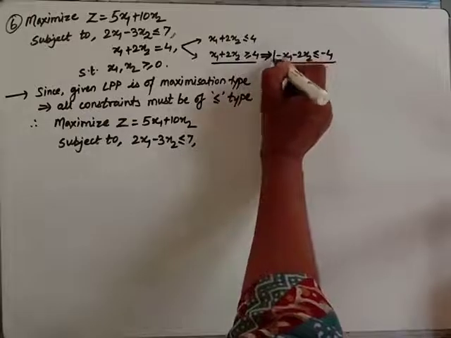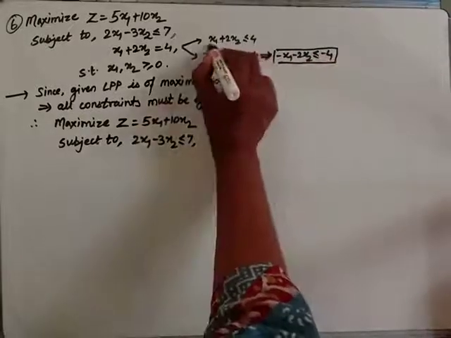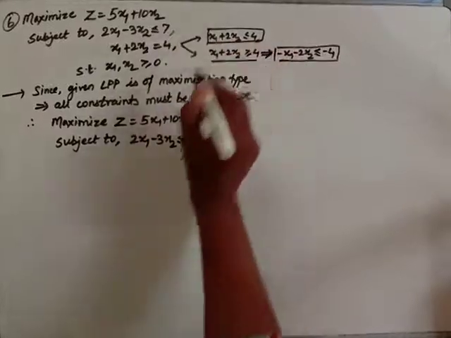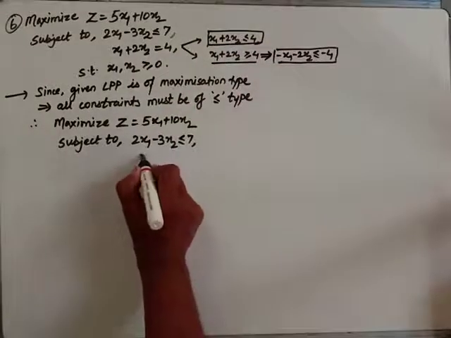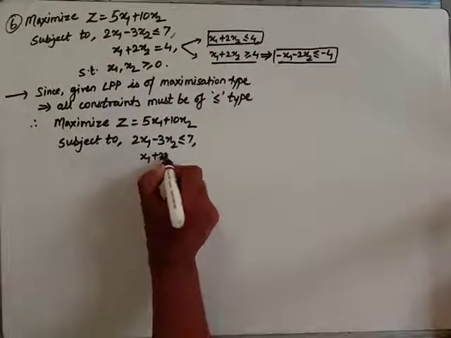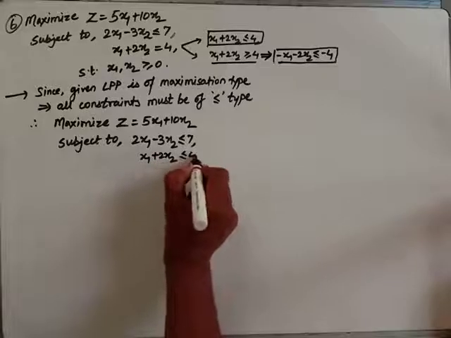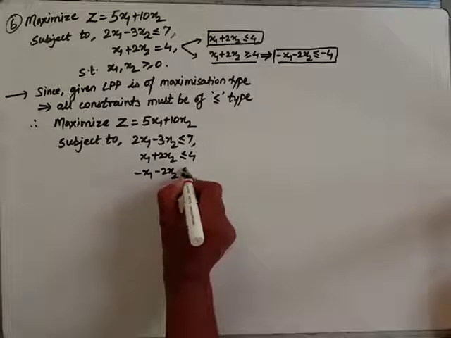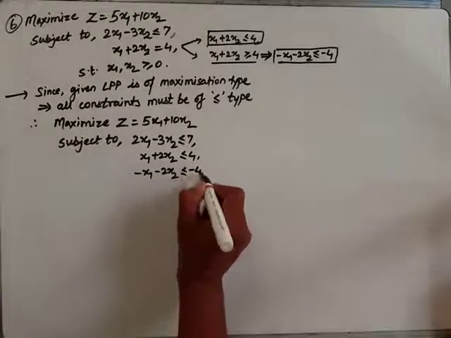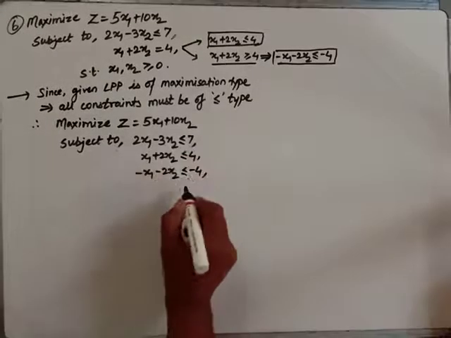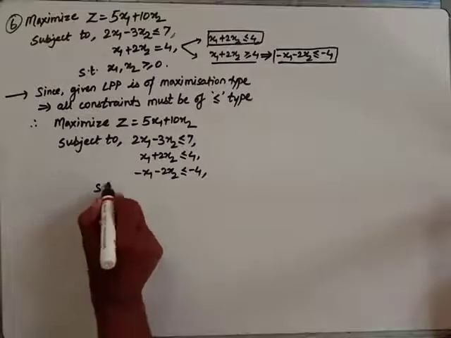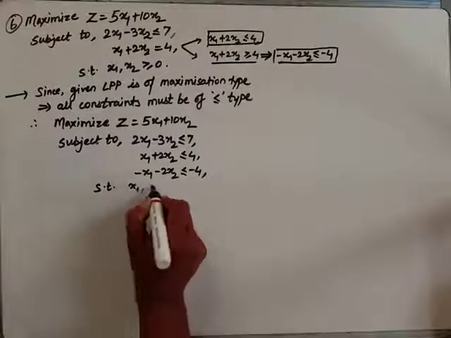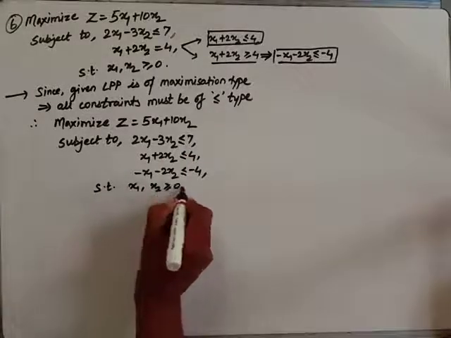So this is our one constraint for equality and this is the other: x1 plus 2x2 less equal 4 and minus x1 minus 2x2 less equal minus 4. As such, all the constraints are of less equal type, such that x1, x2 greater equal 0.